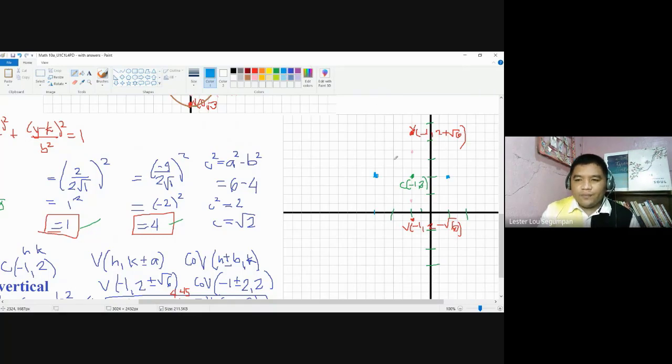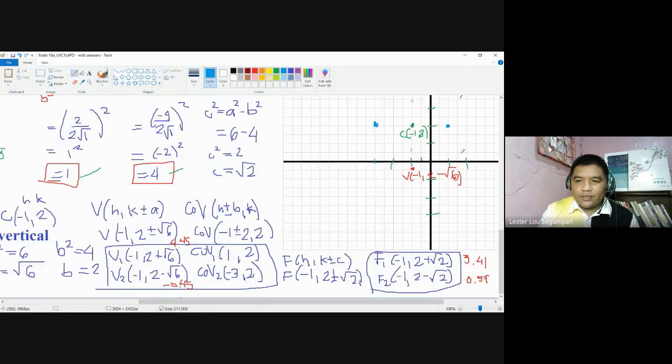For your co-vertices, this is CV. We have 1 and 2. Another CV here, -3 and then 2.